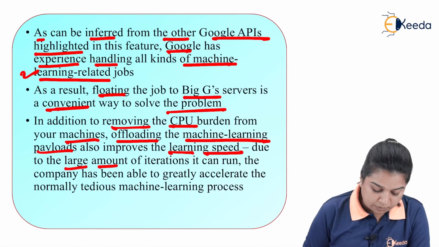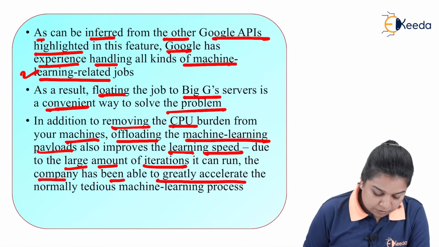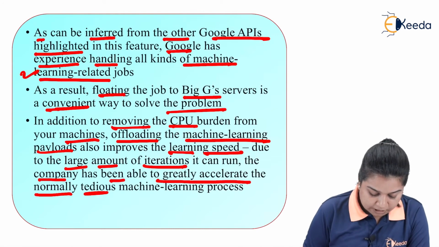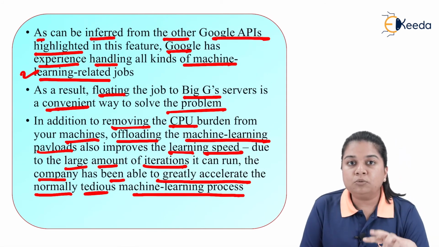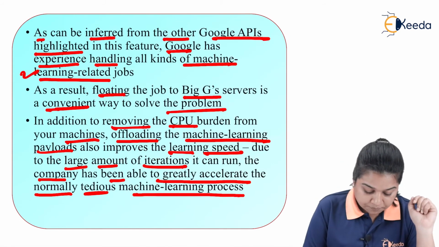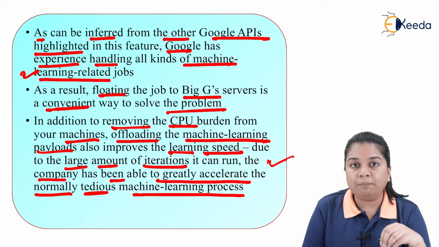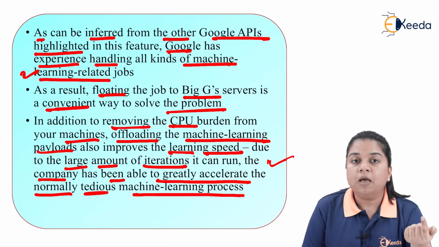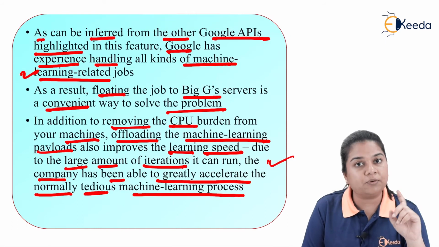Due to the large number of iterations it can run, the company has been able to greatly accelerate the normally tedious machine learning process. See, with the help of Google's machine learning API program, the machine learning process has been made relatively easy for the companies or the enterprises who work on it, and the process works with more efficiency and more speed, and the performance is increased.